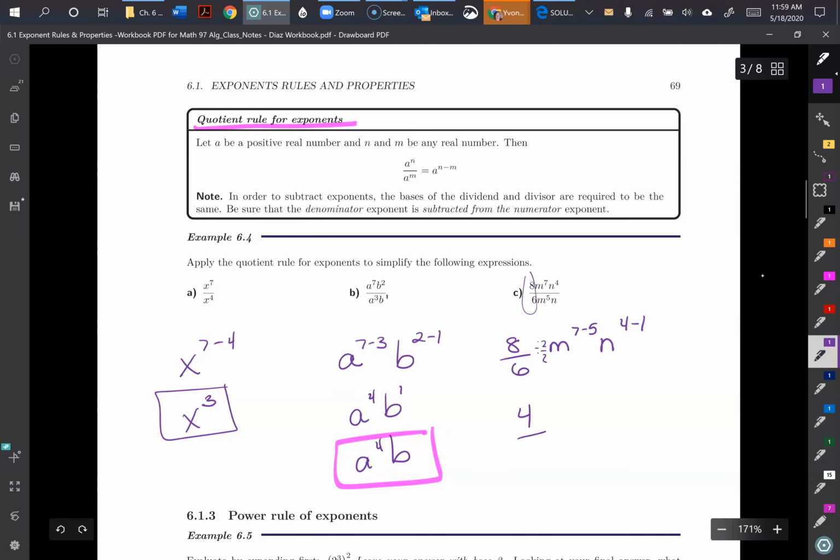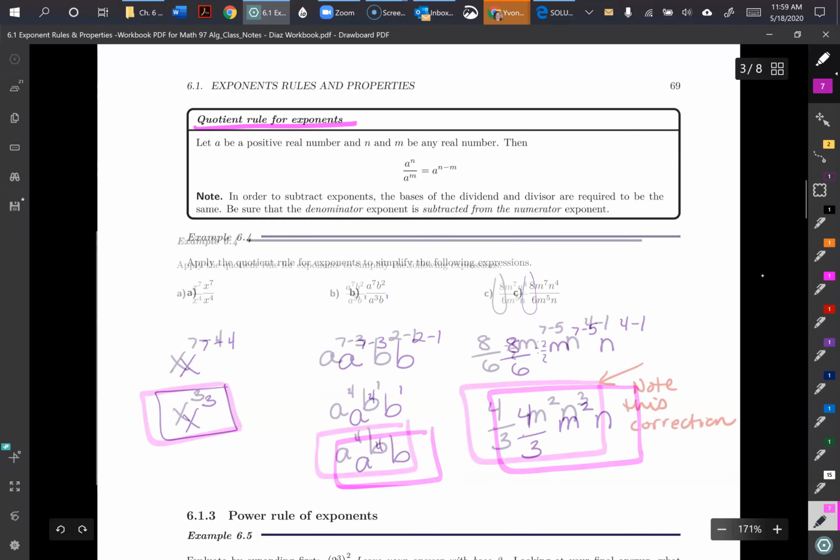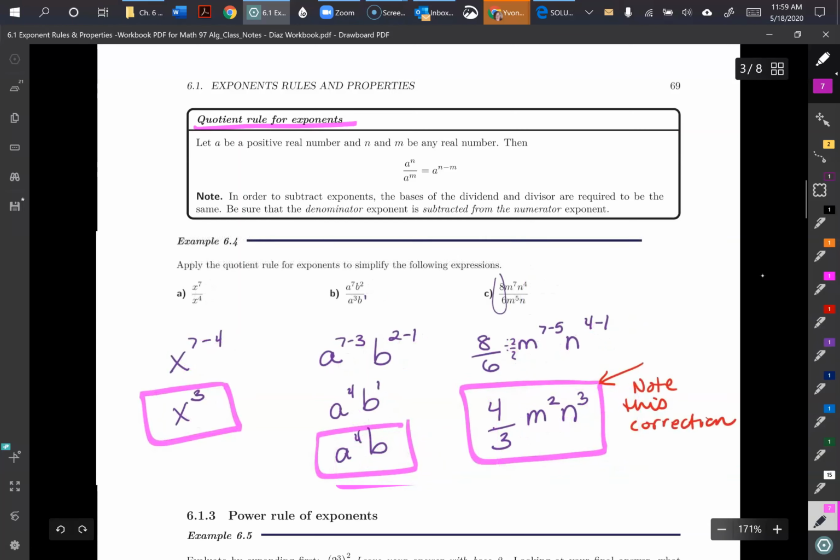I'm going to get 4 thirds, just leave it like that. And then I would have m squared n. And that would be my answer for that one. Let's make this box match. And that's called the quotient rule.